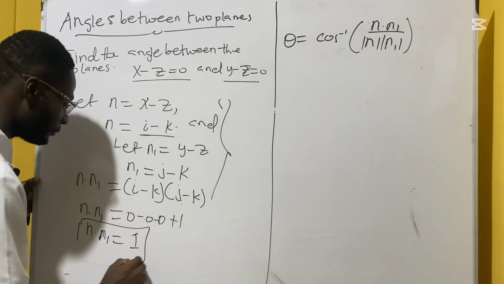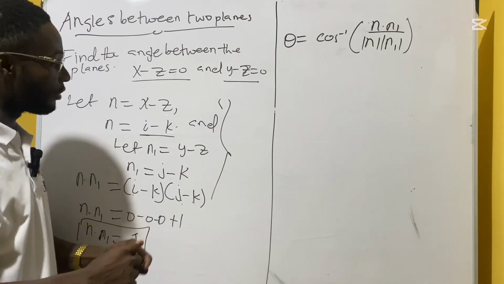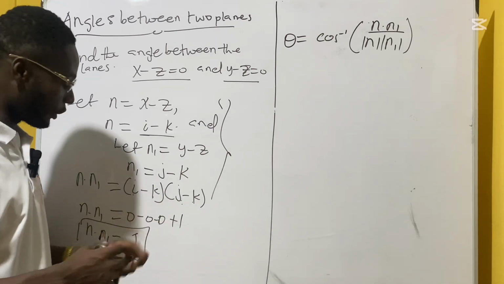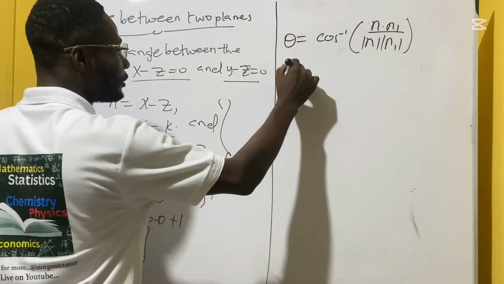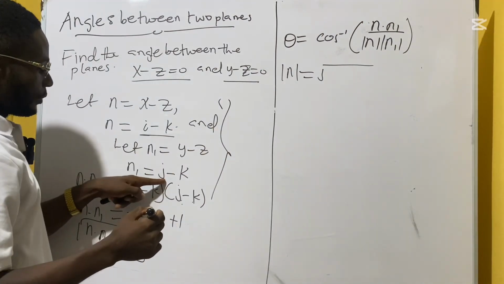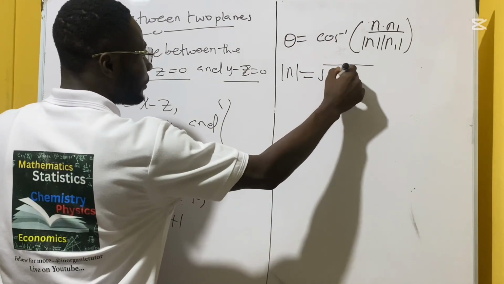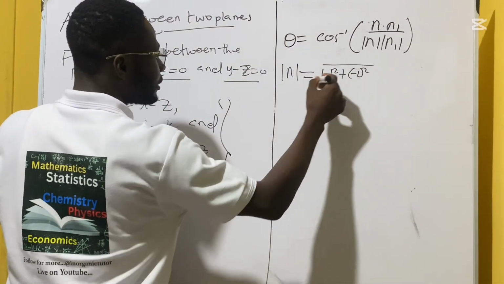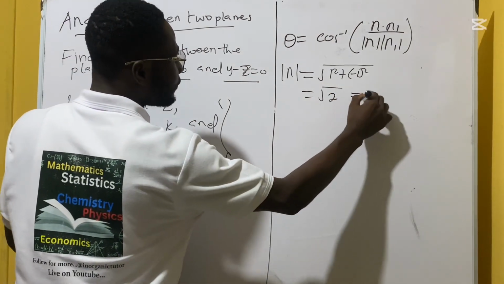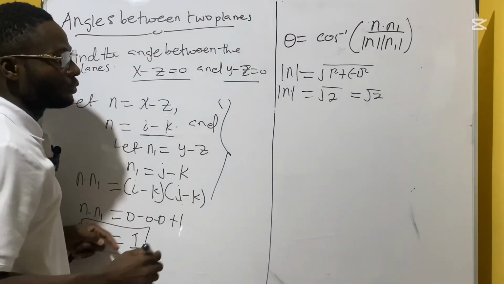The next thing is to find the magnitude of each of these normals. The magnitude of n is the square root of 1 squared plus negative 1 squared, which is the square root of 2.